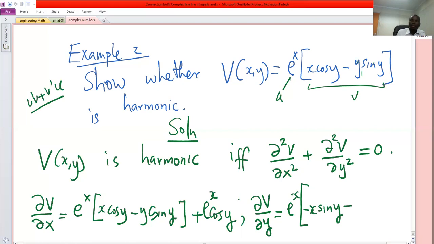So u prime is 1 times v, we get sine y. Because it's a minus and in product rule is positive sign, we still also have a minus sign. Derivative of sine is cos, so we'll have y cos of y.